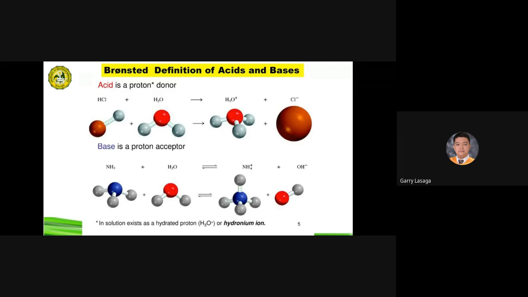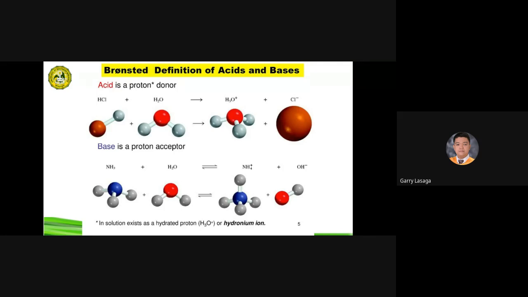Is it a base or an acid? Ano yung ammonia? Is it a base or an acid? So it is a base.